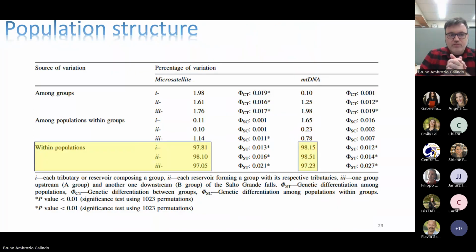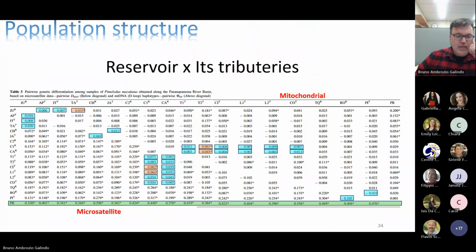So the first outcome I would like to share with you is this. We have here some results, and as we can see in this table, regardless of the group formation 1, 2, or 3, the primary source of variation was found within population. And here I would like to compare each reservoir against its tributaries.